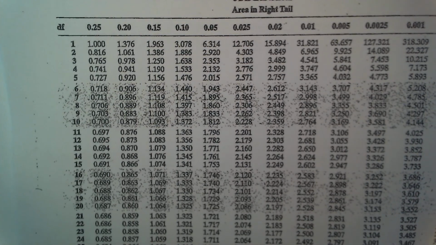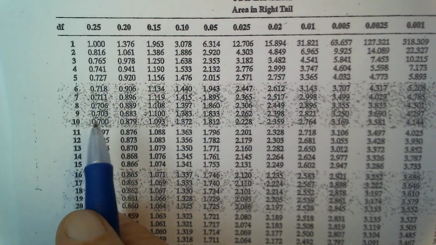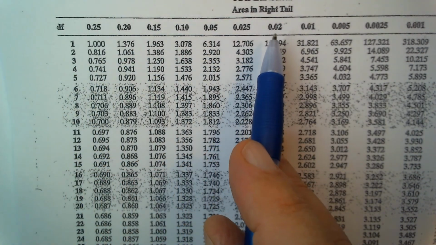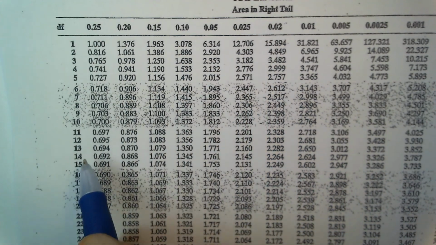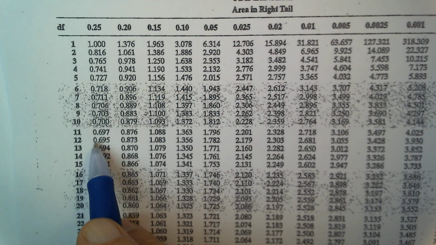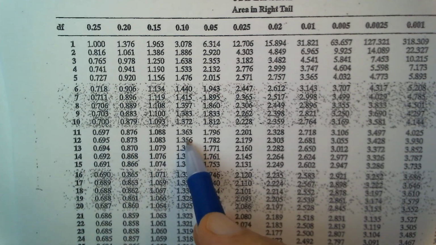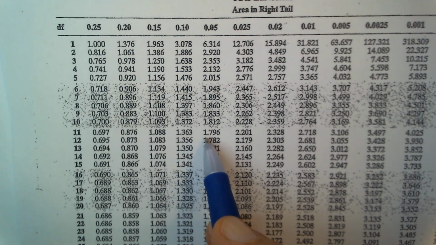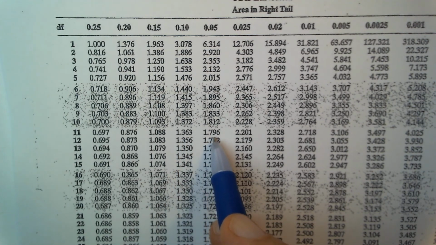On the left side, we have the degrees of freedom, and on the right side, we have the areas in the tail. For a sample size of 13, 12 would be the degrees of freedom. And we want 0.05, one half of 0.1.